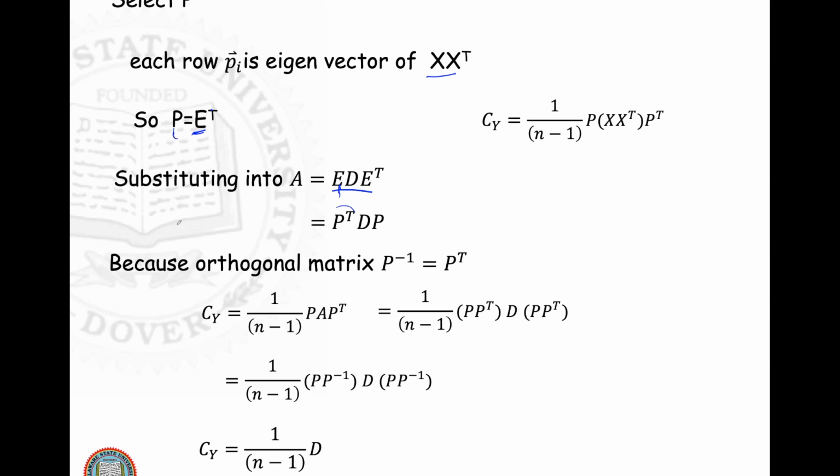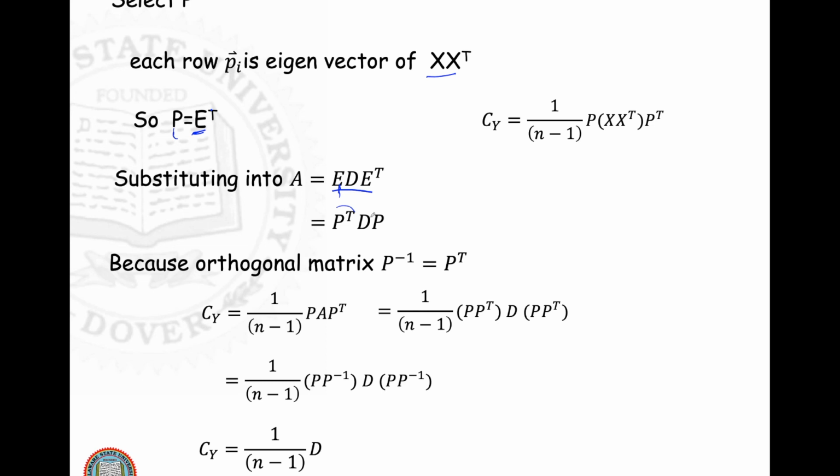That's just a linear algebraic property of what it means to be an orthogonal matrix. So P's inverse is its transpose, and its transpose is its inverse. That being the case, now let's pose our covariance matrix. We're going to take our covariance matrix, and we have P times AP.